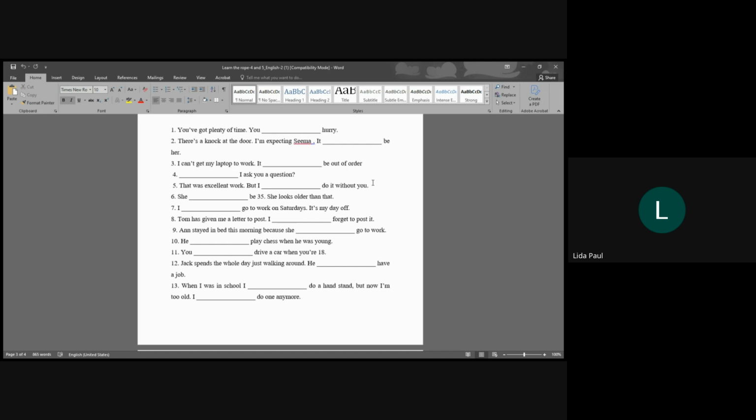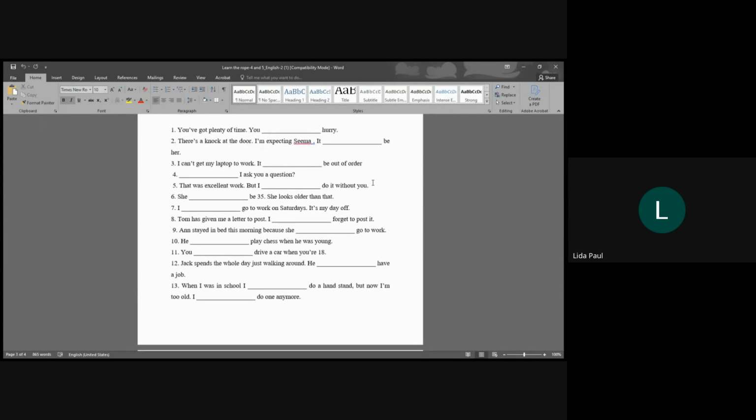But in case of wouldn't, it would be more like saying that the person would not have the willingness to do the work without the person's consent. So the difference is, in case of couldn't, it is about the ability of the person to do something, and in wouldn't, it is the willingness of the person to do that. Okay, so this is the difference. Keep that in mind.